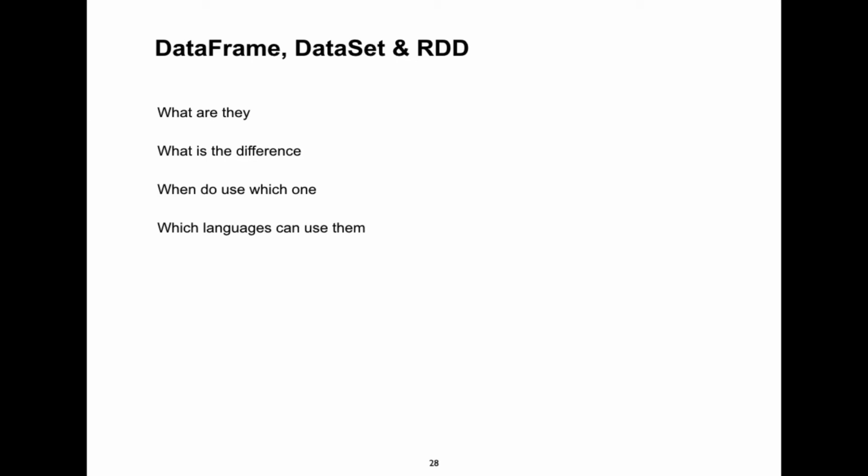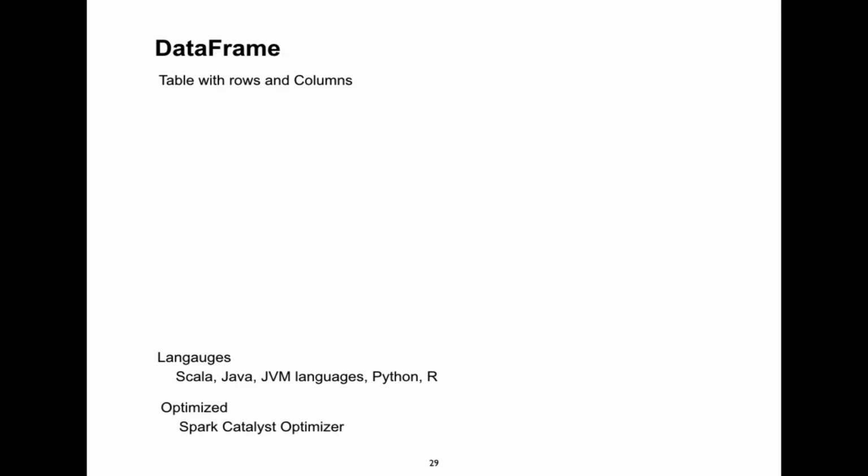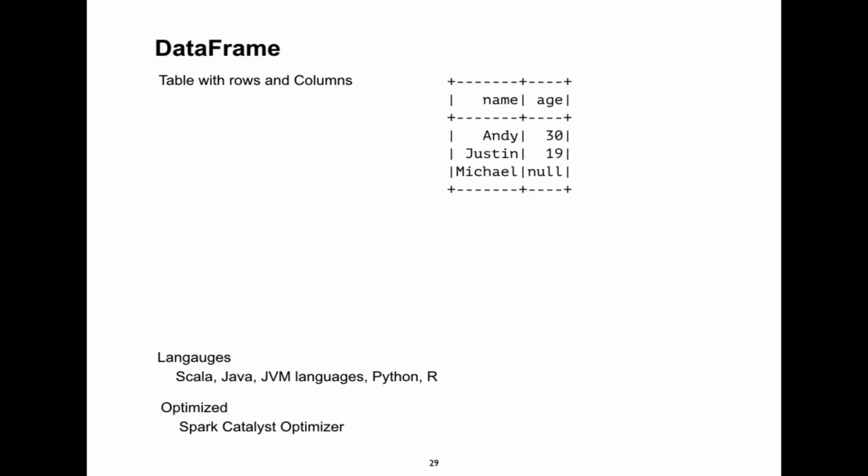Yeah, so we need to understand the answers to these questions, right? What are they? What do they do for us? When to use when? DataFrame is pretty much the same whether you're in Python, Pandas, right, or Spark, Julia.